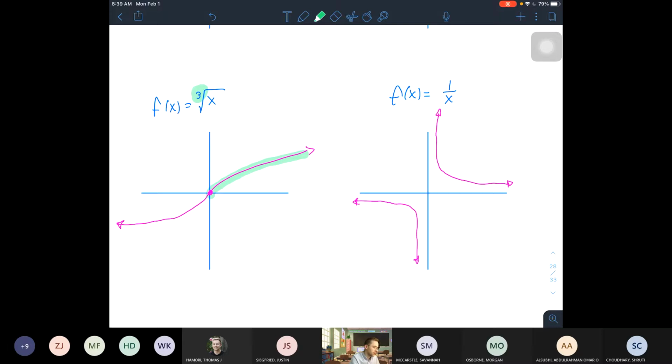If we do the cube root of something like -9, we'd get something like -3. So here's -9, and this would be the point -9 comma cube root of -9. In other words, -9 comma -3 is what it would be.